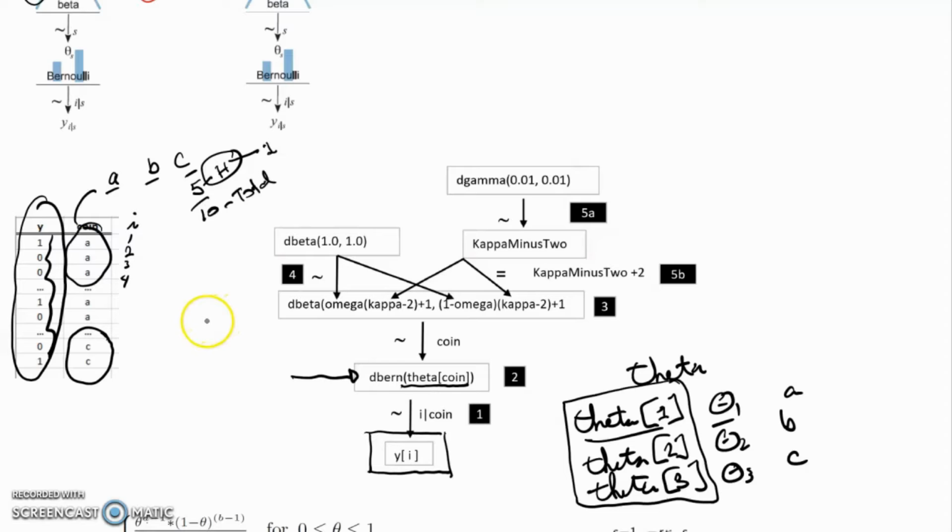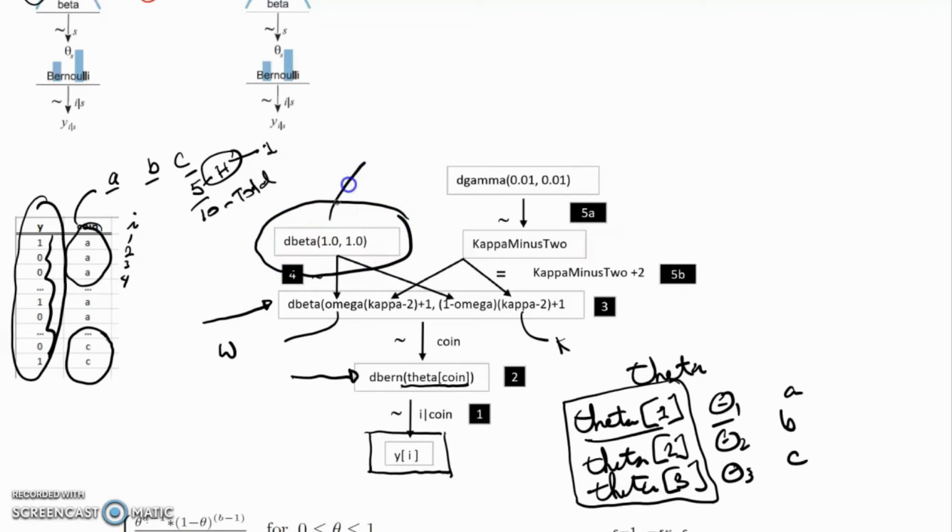And we're going to specify our prior in this way. And this prior is going to have these two parameters, omega, kappa. So let's first think about the prior for omega.